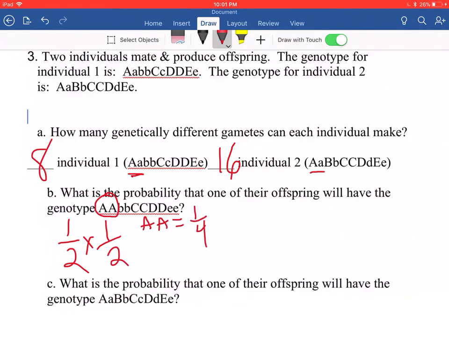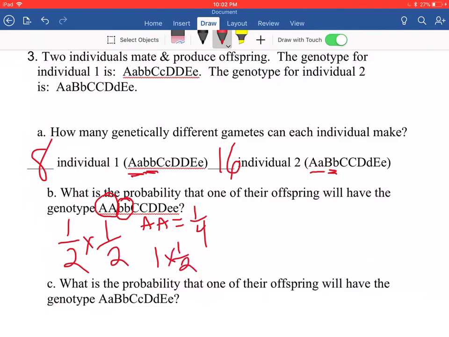All right, now we can do that for the rest of the combinations here. So what about for the trait B's? We're interested in the offspring having 2 little b's. What is the probability that individual 1 will pass on a little b? Well, that is 1. Individual 1 can only pass on a little b. What about individual 2? Individual 2, if we're interested just in the little b, can pass a little b half of the time.